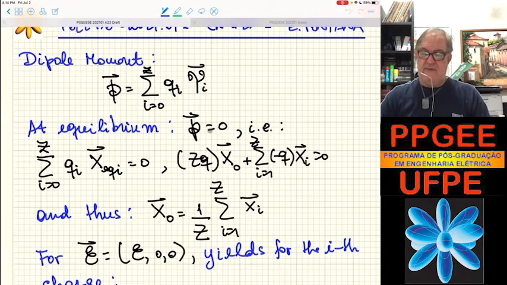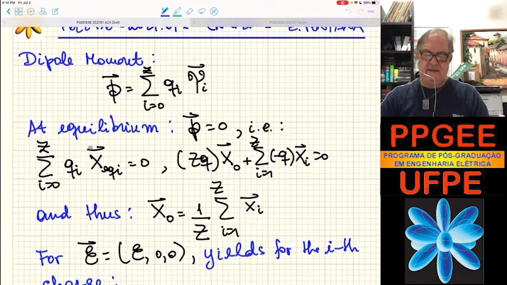At equilibrium, p equals 0 because there's no dipole moment. This is a linear system. Polarization goes to 0 when you remove the field. So if we write down, y is going to be the equilibrium position for each charge in the system.